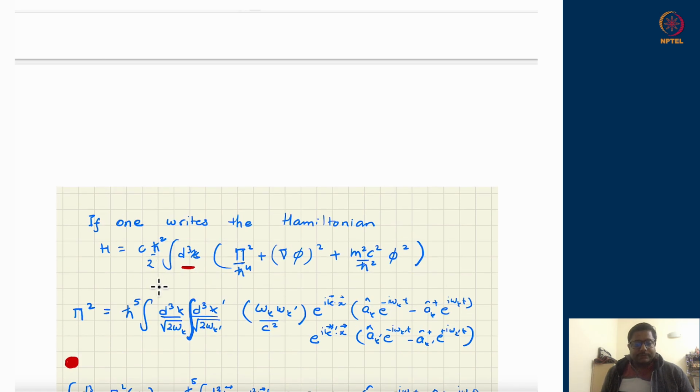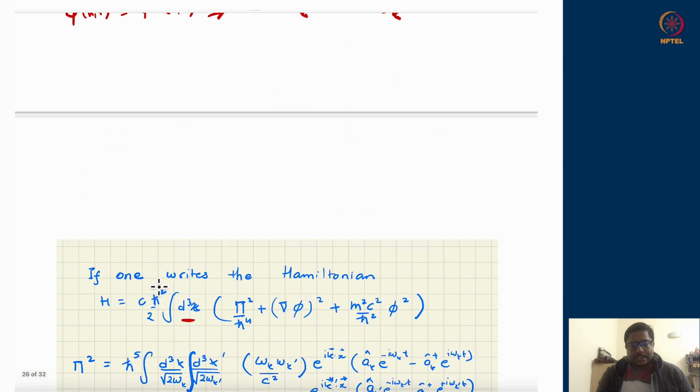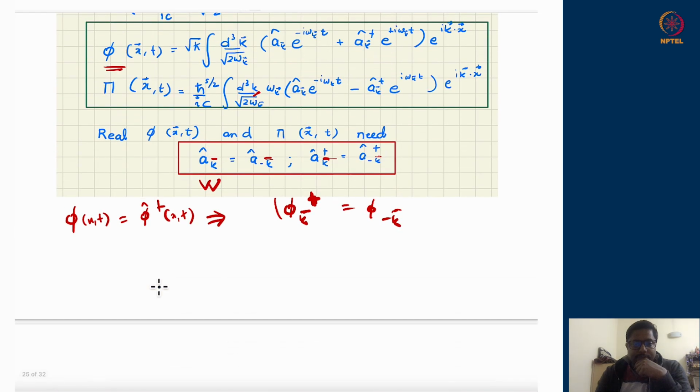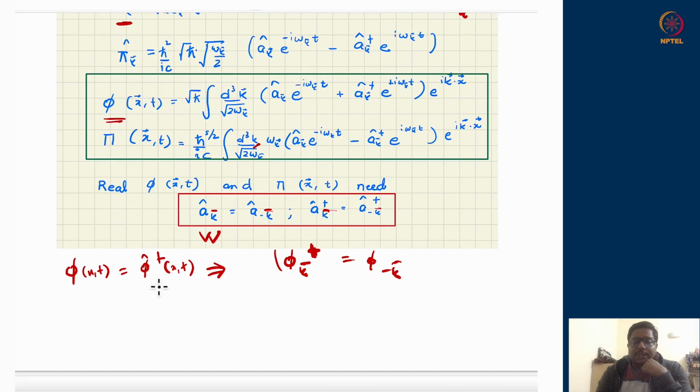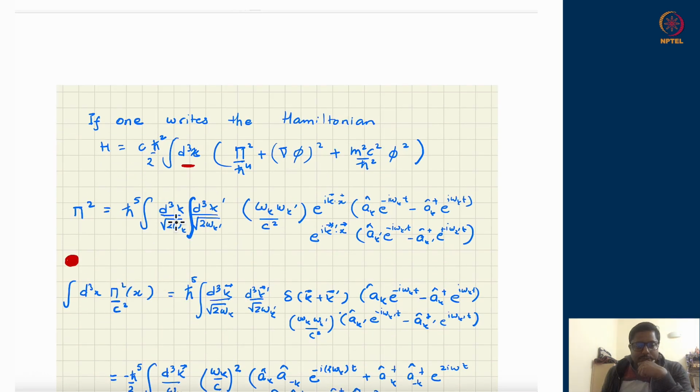And there was iota outside as well, whose square should give you a minus 1, and there is a c square which should come in the denominator. So there should be a c square which I have put over here, and there should be a minus sign. Let us see, there is a minus sign over here.